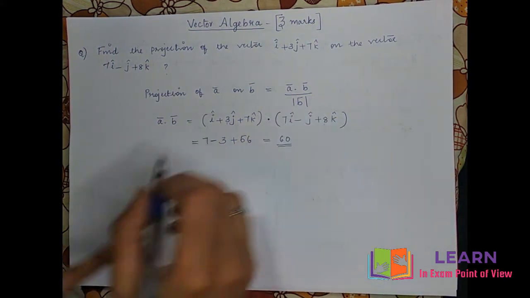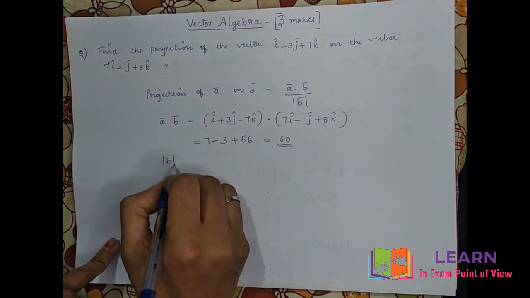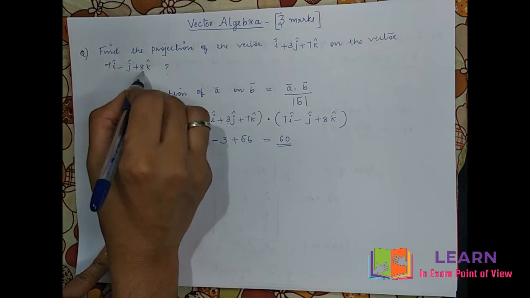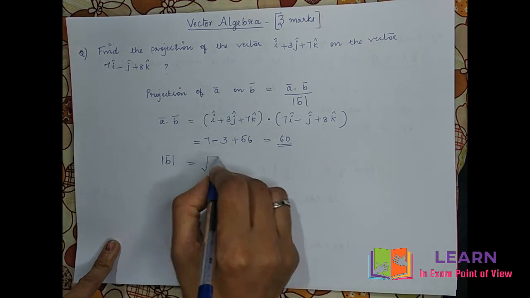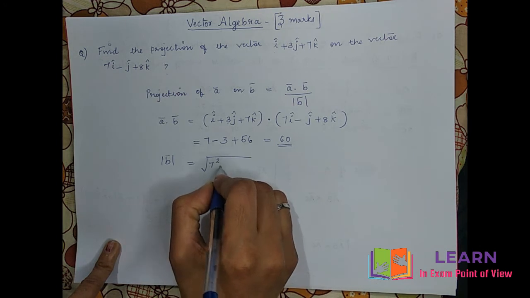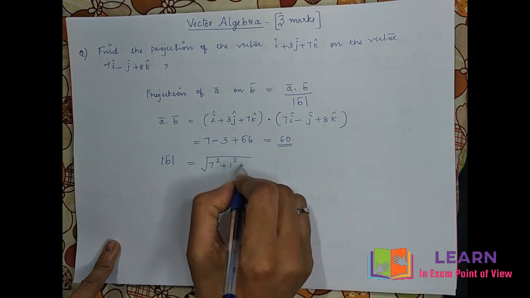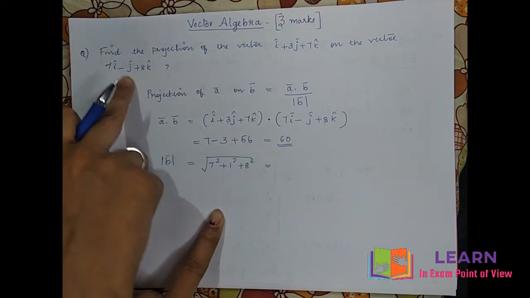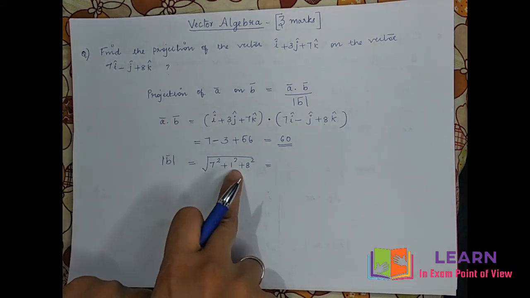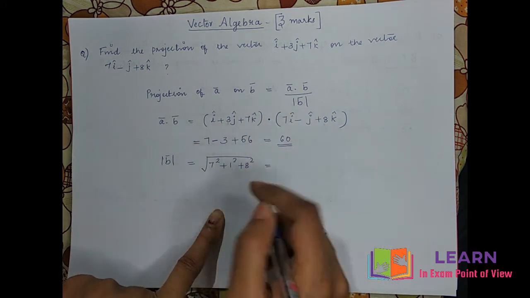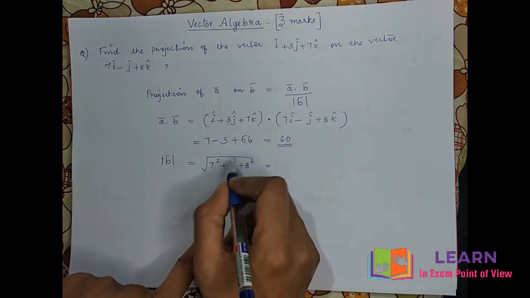Now you need to take the modulus, that means the magnitude of the B vector. Magnitude means take the square root of the coefficients squared: 7 square plus 1 square plus 8 square. Even if there is a negative sign, I am directly putting plus because it will become plus. If you want, you can put minus 1 whole square.